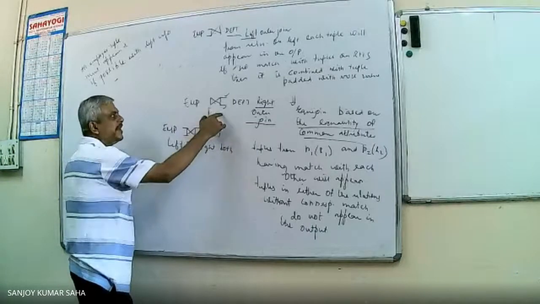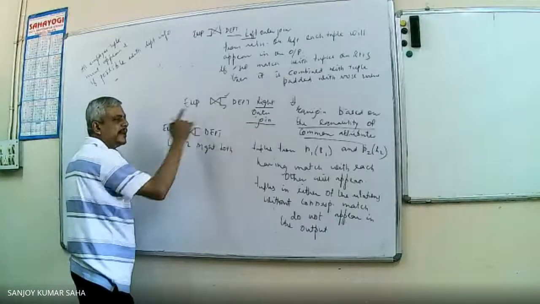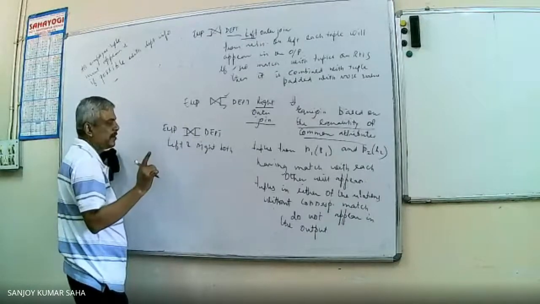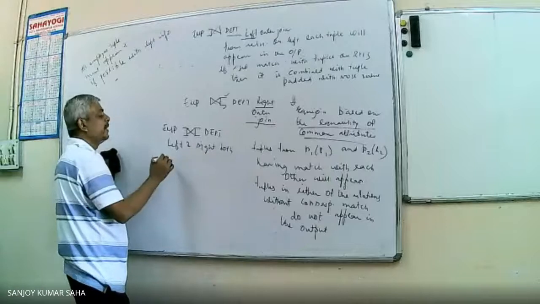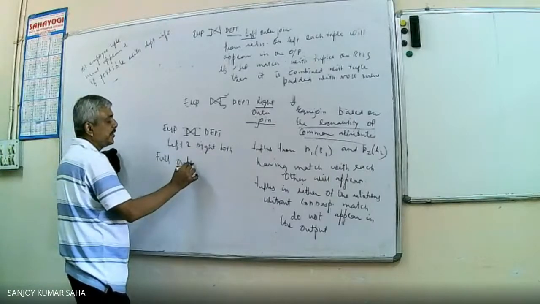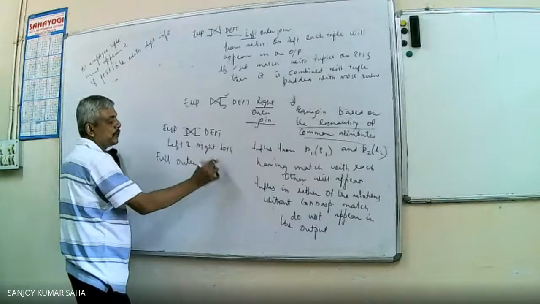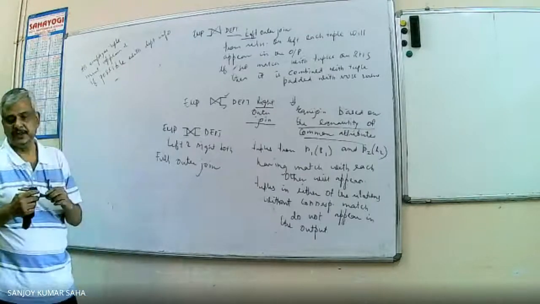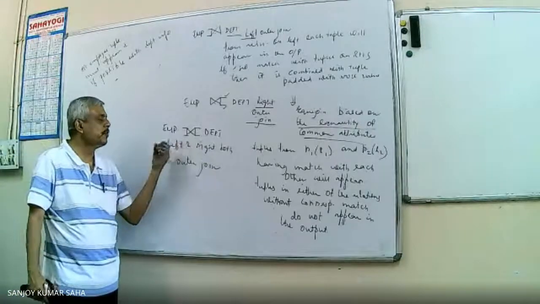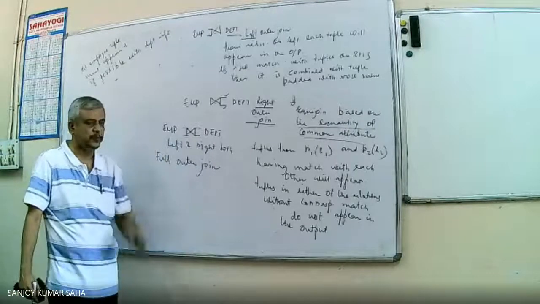Always you can write some predicate here. If we don't write the predicate, then it is assumed to be an equijoin based on the equality of the common attributes. So left and right both, we say this is full outer join. If there is a match, they will be combined together to form a tuple in the output.